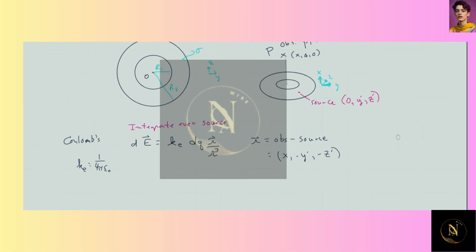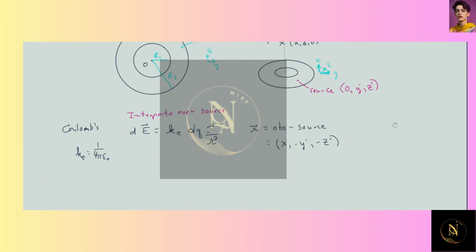Because we have a uniform charge distribution. If it were not uniform, we would have to worry about the source doing some interesting things going around that washer. But because of symmetry, what we can basically say is that the only electric field component that matters is the X component.